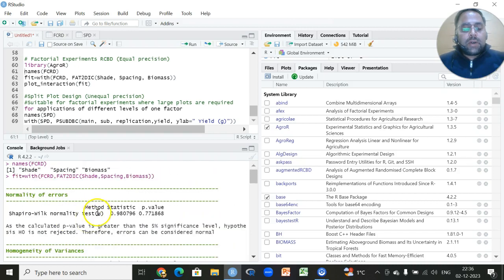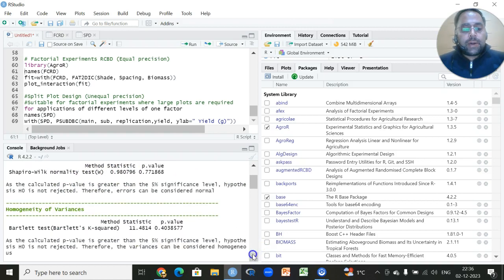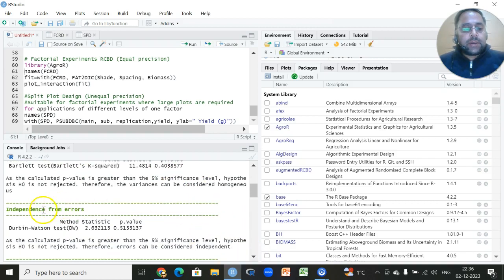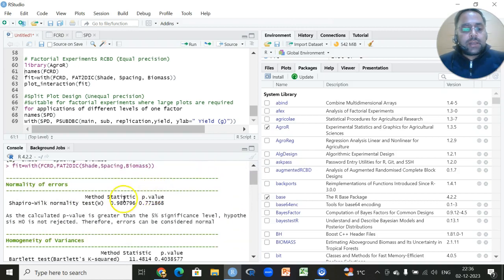You can see all these three assumptions, and they utilize certain kinds of statistics. Normality of errors is tested by means of the Shapiro-Wilk test, and it has to be non-significant also.